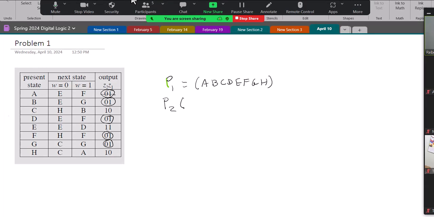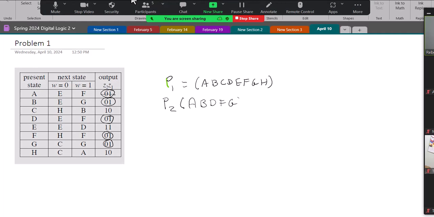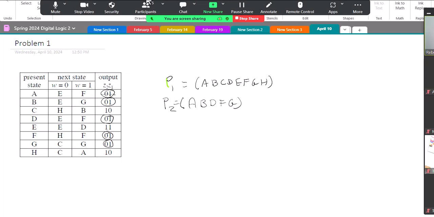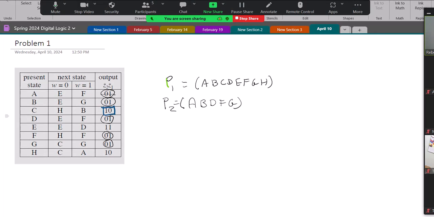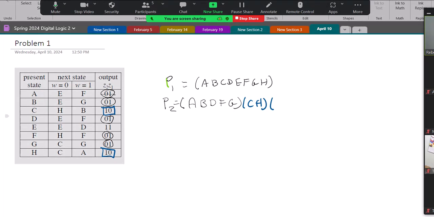That would be states A, B, D, F, and G. They'll be one group. Then everything that has 1, 0 as an output, so that would be states C and H. And the only thing left is the output 1, 1, and that would be state E. So we divide it first into that.